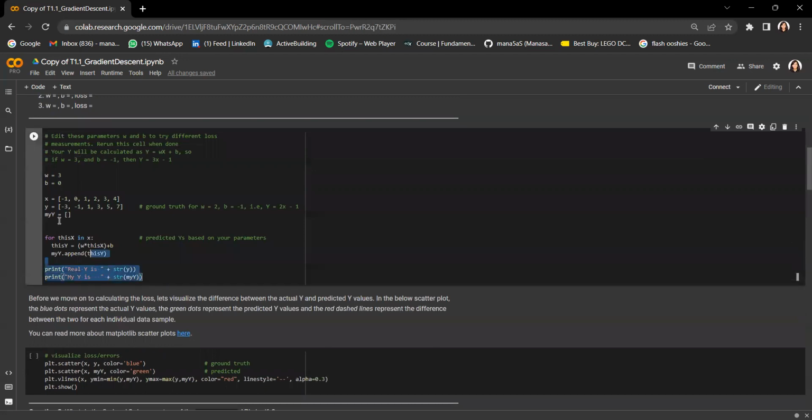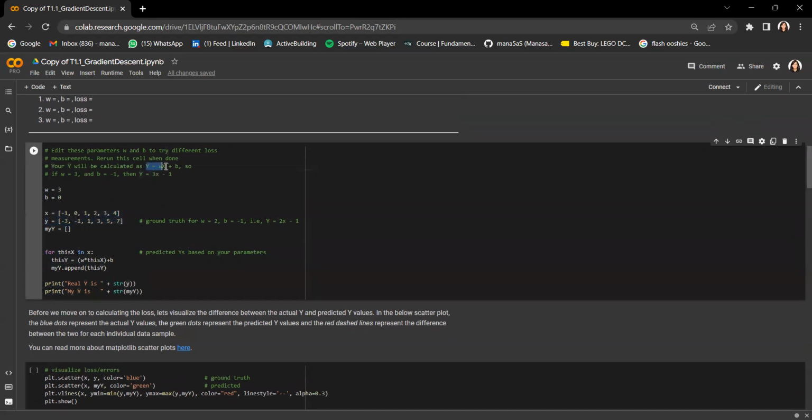So what we're doing here essentially is that we have some ground truth x values and we have some ground truth y values. So x's are your inputs and y's are your outputs. And what we're trying to do is find the relationship between this x and y in the form of w and b, because the relationship we're trying to model is y = wx + b.